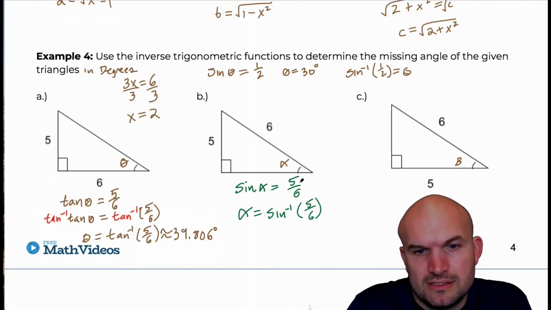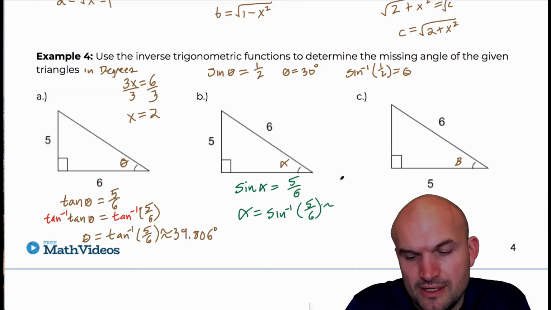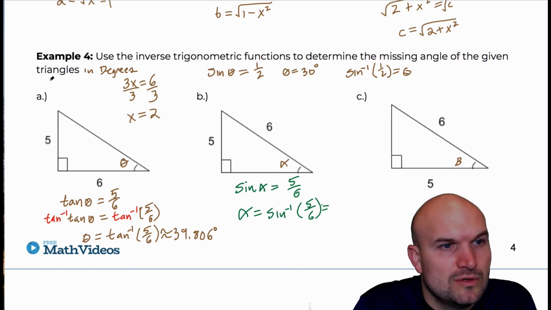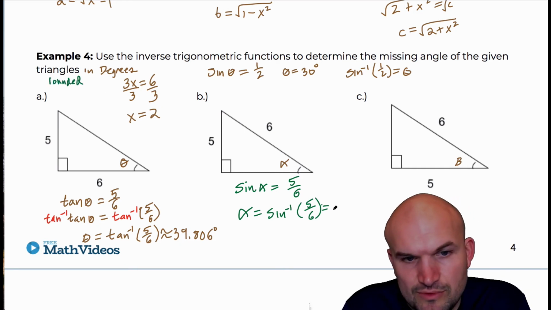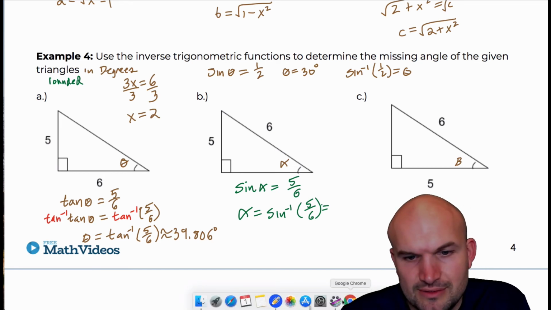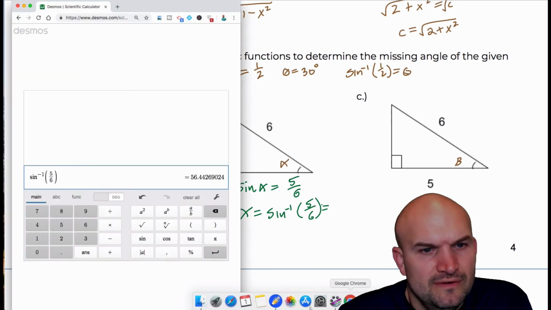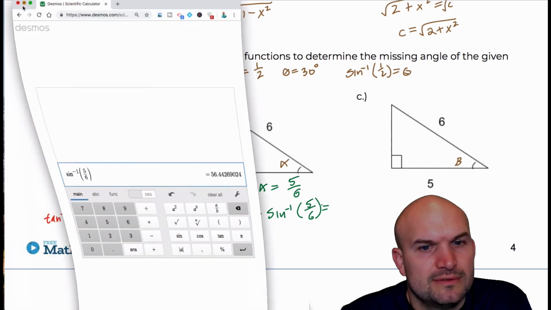So I'll write that. And since I'm rounding, well, I actually asked to approximate that, so I can write that as the rounded answer. So rounded is going to equal, crap, I forgot the 56.443.